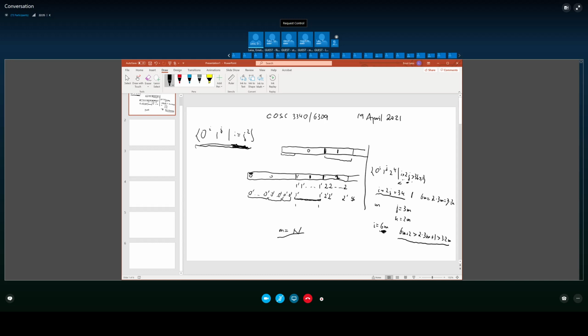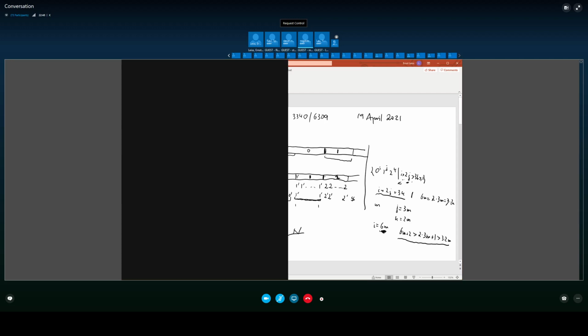I have a question on building the language for the NPDA, I think this is actually in exercise set 3, question 2B. Construct the PDA.